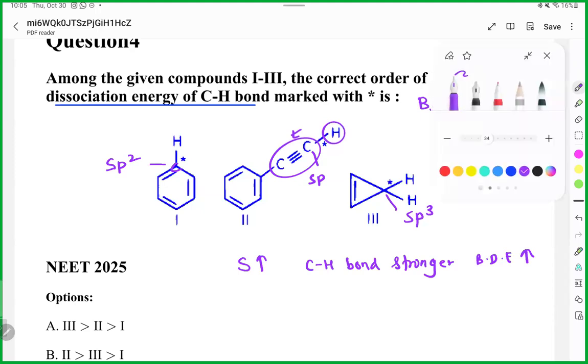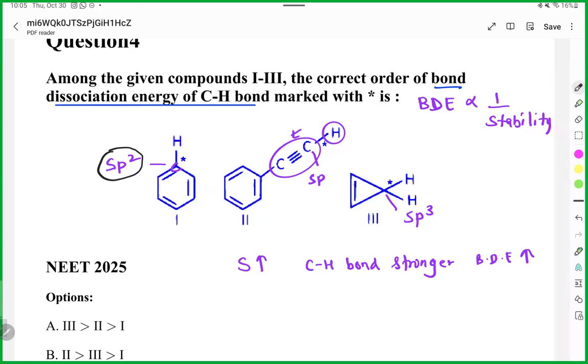Now you tell me, Varinder, in this case, what is the S percentage? Percentage of S. 33%, one third. Yes. Chandana, what is the S character in case of sp? 50%. 50. Anvita, what is the S character in sp3?